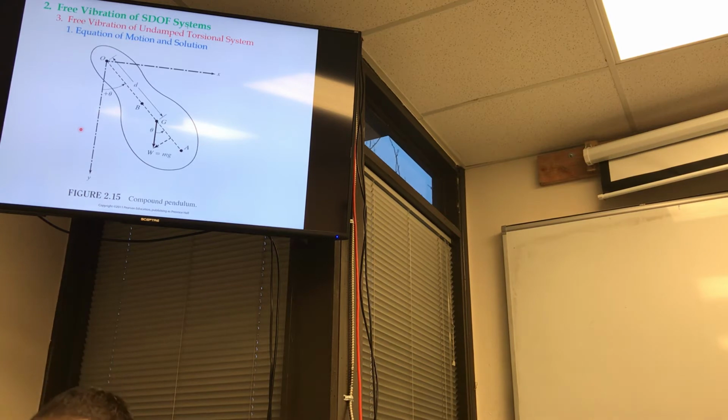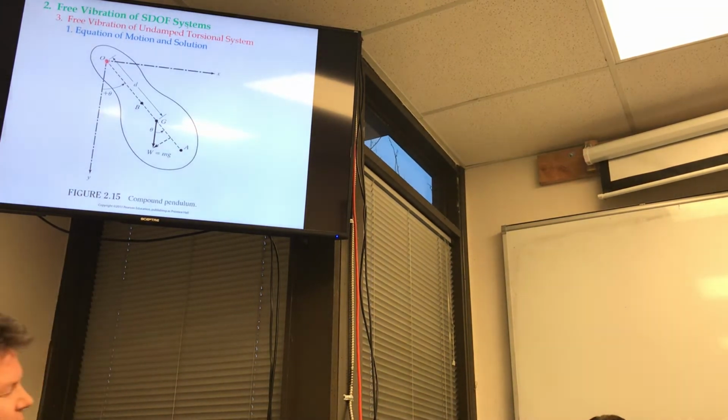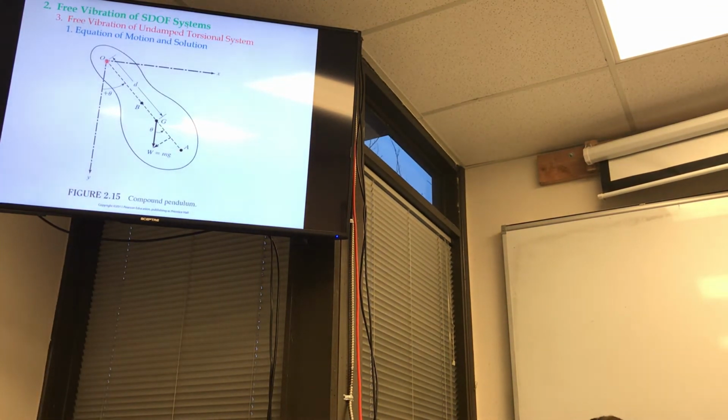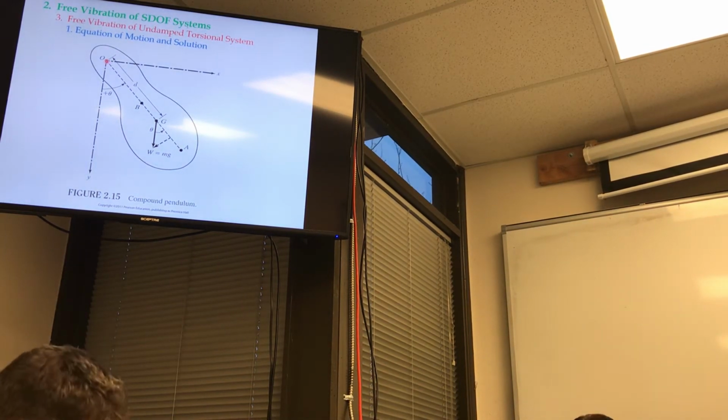It's this point right there, point O. Remember the equations of motion from dynamics: the sum of the moments is equal to J alpha, where alpha is the angular acceleration, theta double dot, the second derivative of the angle.